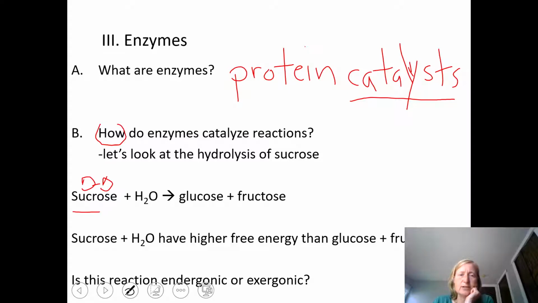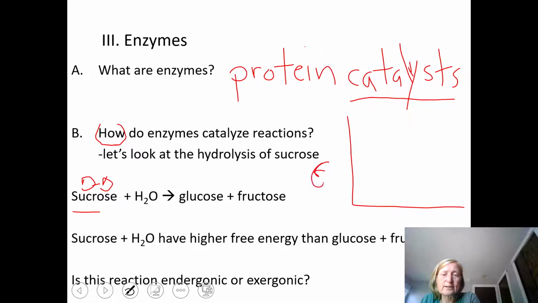Now it says here that sucrose plus water, and we're using a hydrolysis reaction to do it, have higher free energy than glucose and fructose. So immediately I'm going to draw this out in my head. I'm thinking about the free energy, that's a terrible G there, and I'm thinking about the reaction progress, and here are the reactants, here are the products.